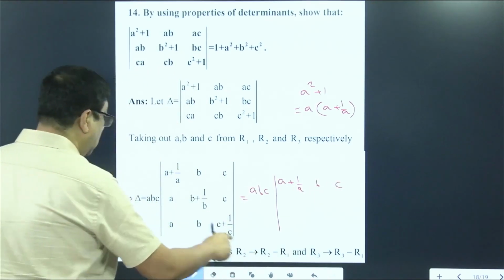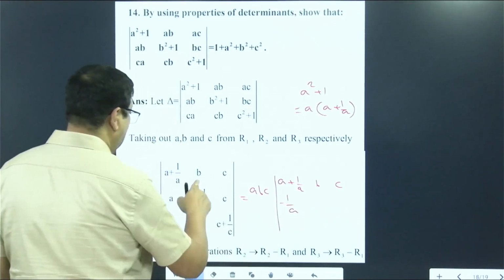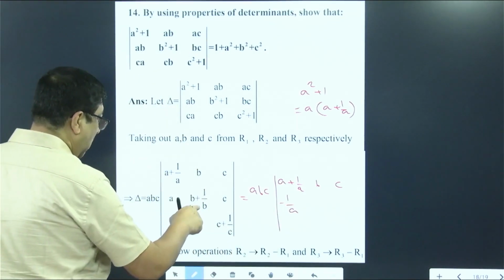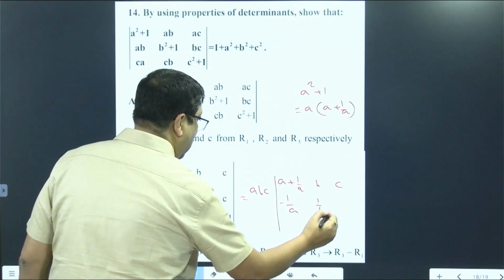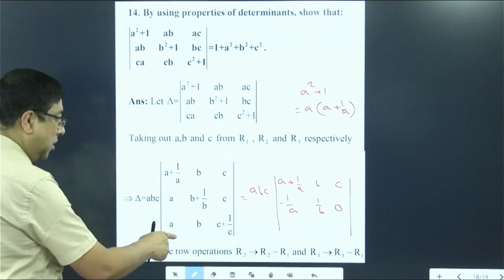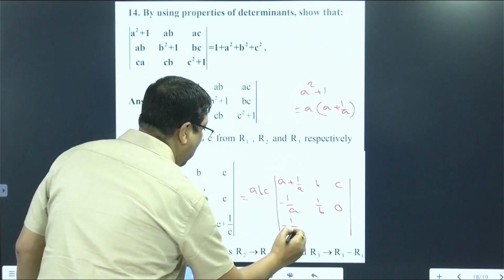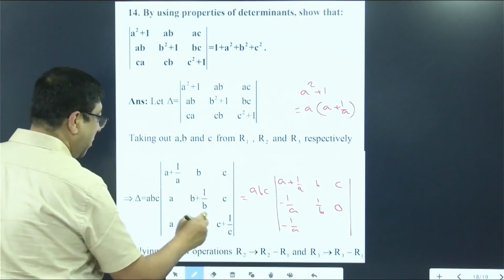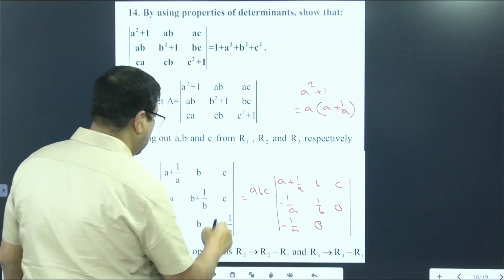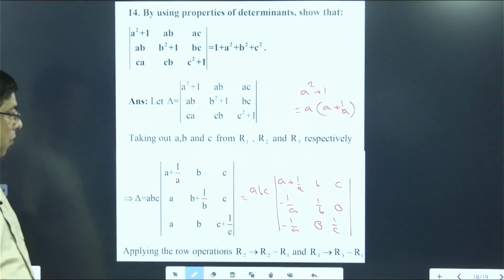On R2, R2 minus R1, this is minus 1 by A, and 1 by B, 0. For R3, R3 minus R1, here also minus 1 by A, 0, and 1 by C. We got this.